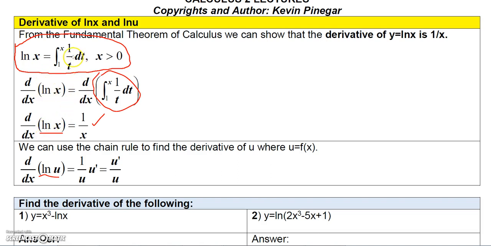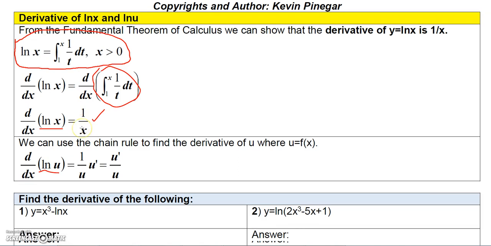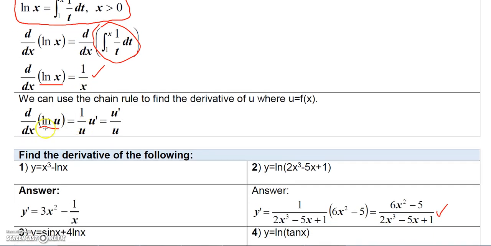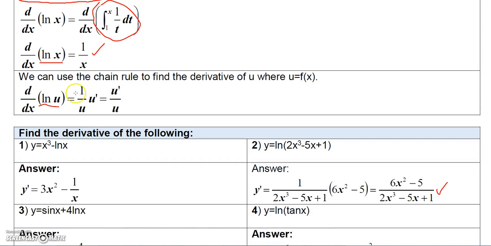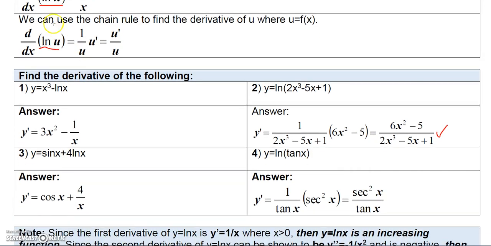But if you take the derivative of the right side, by the second fundamental theorem of calculus that would just give you 1 over x. And then with the chain rule, if you want the derivative of the natural log of u, where u is a function of x, then that derivative would be 1 over u times u prime. Now I realize this chapter is integrals, but I do need to tell you a little bit about the derivative of these functions.